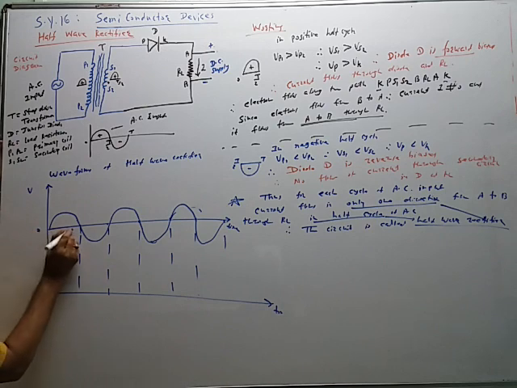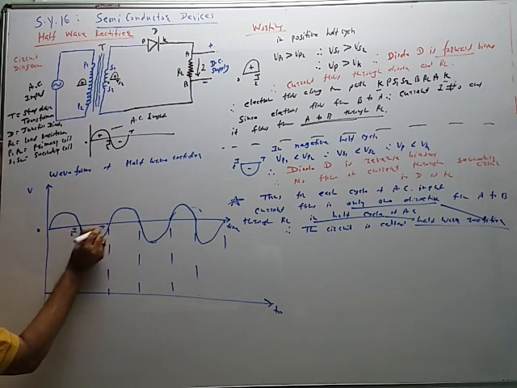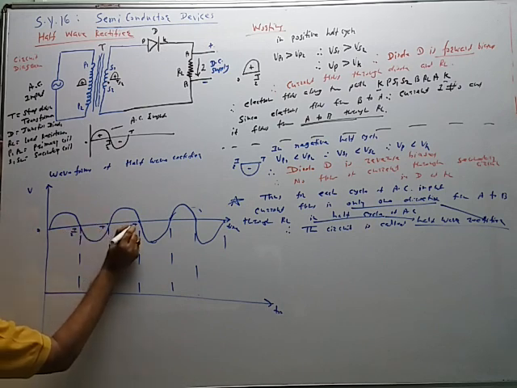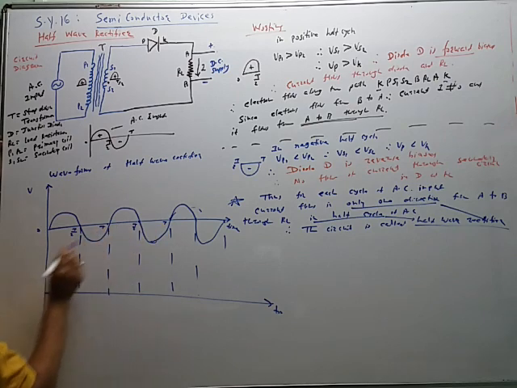So 0, T by 2, capital T, next cycle T by 2, capital T, etc.